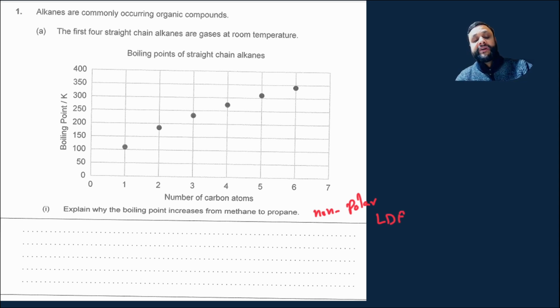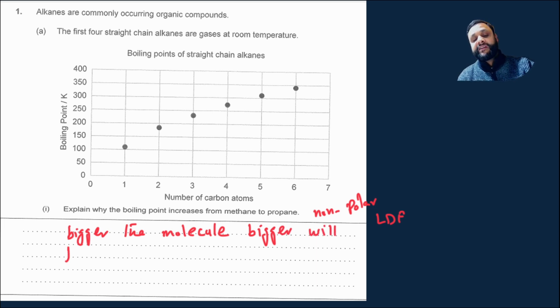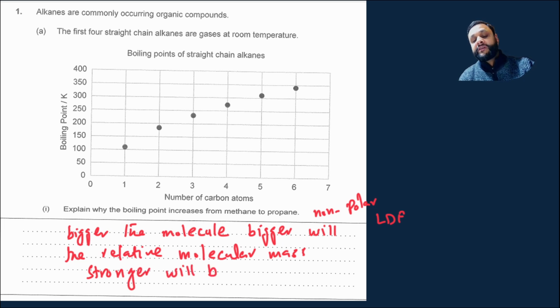As the molecules become bigger, the London dispersion forces will be bigger. So the bigger the molecule, the bigger the relative molecular mass, and we can write that the London dispersion forces will be stronger. Hence, more energy will be required.